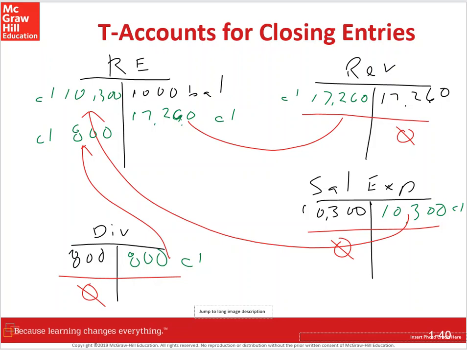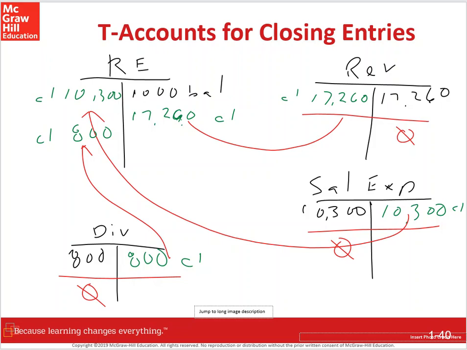And what we see, I want you to think about it. When we close the revenue account, it caused us to debit revenue and credit retained earnings, causing our retained earnings to increase. Is that what you thought revenue was ultimately going to do to retained earnings? Yeah, I hope so, that revenue increases retained earnings.